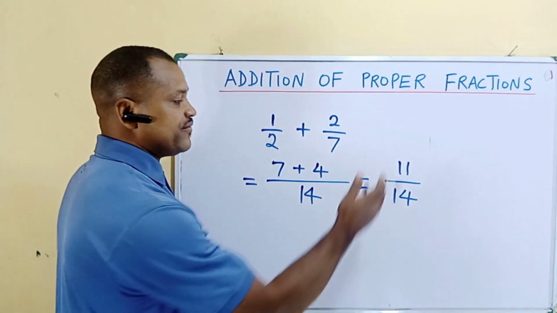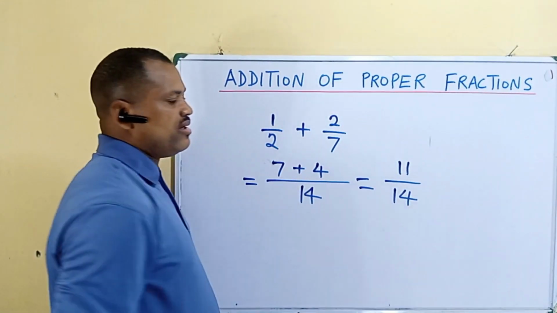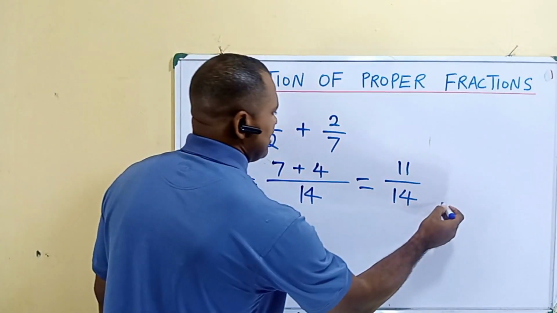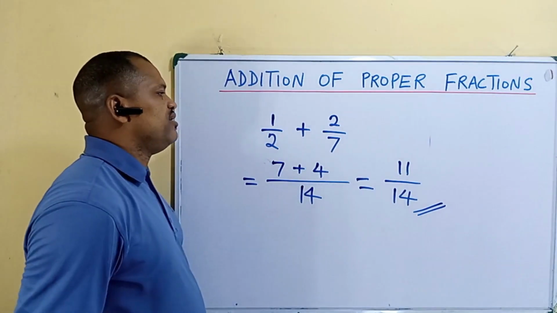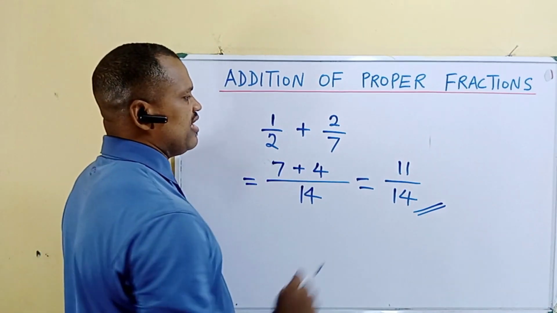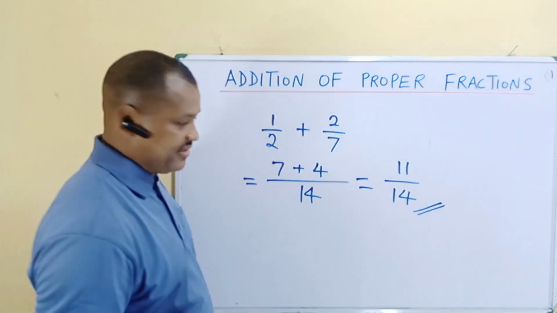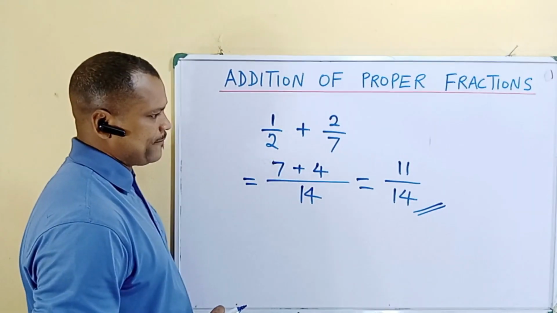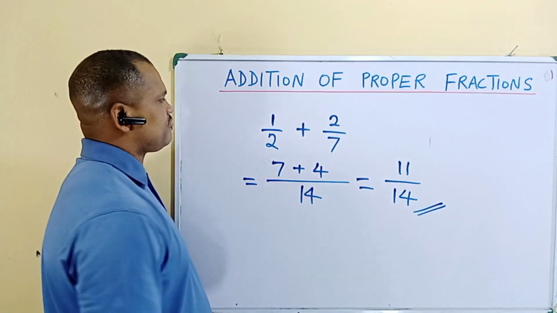Can you simplify this further? Can you break this further? The answer is no. So this is the answer. So when you add 1 over 2 plus 2 over 7, you get 11 over 14. So that's the answer. Let's do another one.